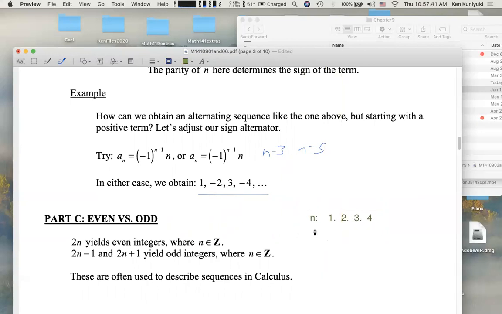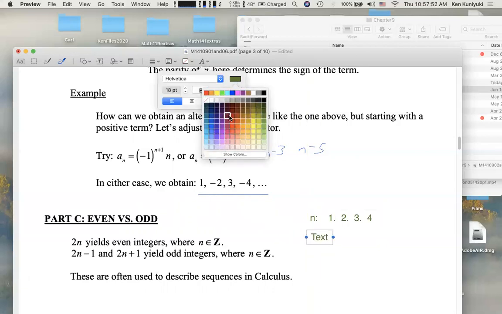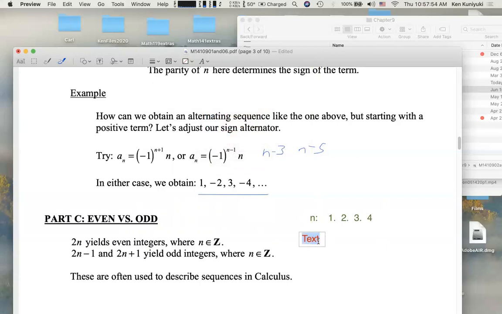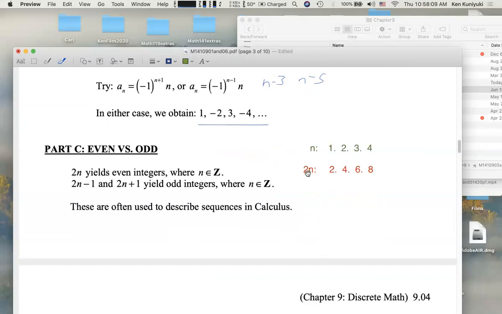This wants to deal with 2n. So 2n, we double n to get 2n. 1 goes to 2, 2 goes to 4, 3 goes to 6, 4 goes to 8. So this sweeps through even integers, in this case, positive even integers. We're focusing on positive even integers here.